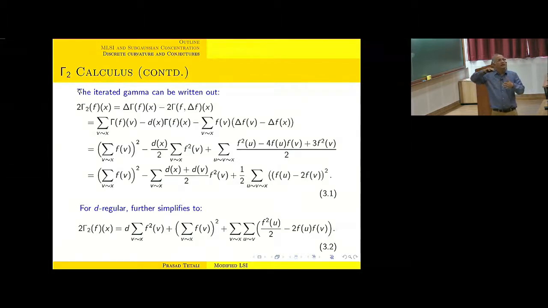What we're trying to do with the second derivative criterion, local or global, is look at the second neighborhood. To capture convexity, you want to see how much the function is changing in 2 steps compared to 1 step. That's the high-level idea. And that's why you see v adjacent to x, and u adjacent to v, and so on.